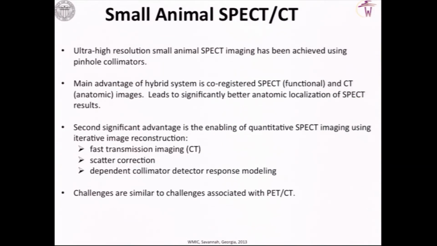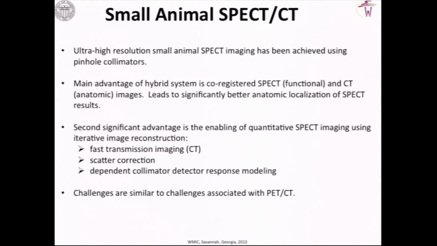Okay, so what are some of the differences or constraints for small animal SPECT/CT? As Dennis introduced, the collimators for small animal SPECT are different from what is used in human imaging. You can use ultra-high resolution pinhole collimators to provide fantastic spatial resolution.